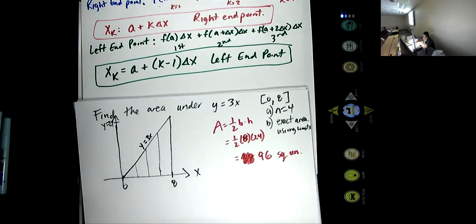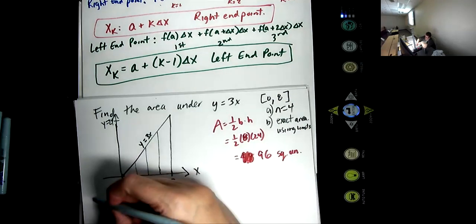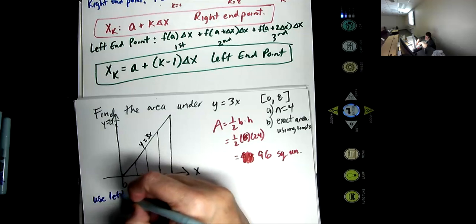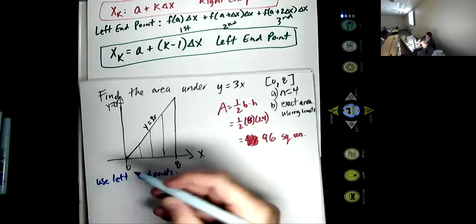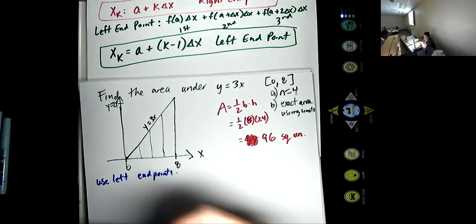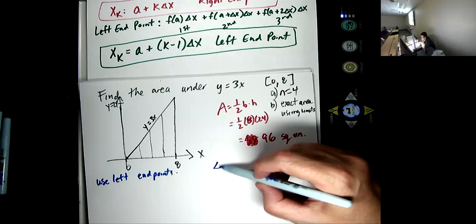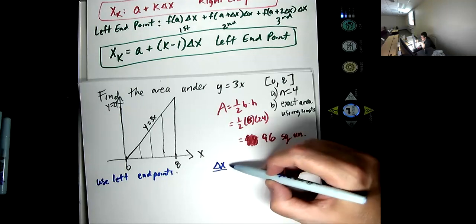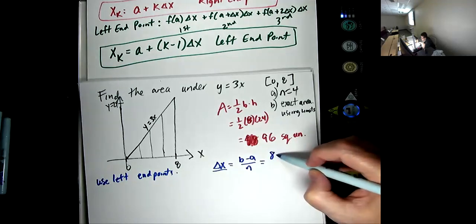Let's use left endpoints. So let's see what delta x is. Delta x is b minus a over n, which is 8 minus 0.